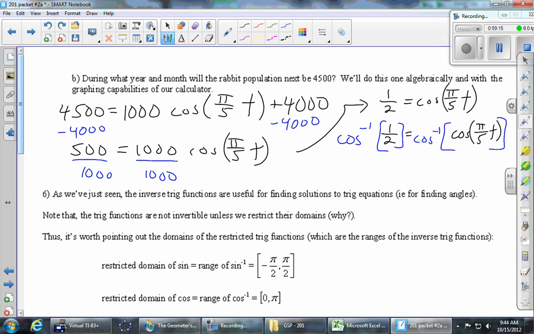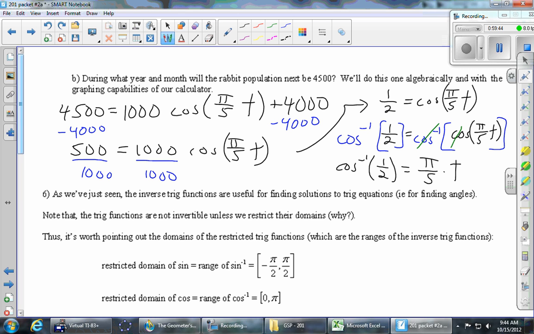And what happens on the right-hand side? The cosine and the inverse cosine cancel. That's why we did it. So what we have here is inverse cosine of a half is equal to pi/5 times t. And then the last thing, to solve for t, multiply by 5/pi.